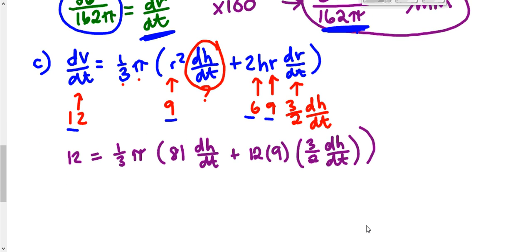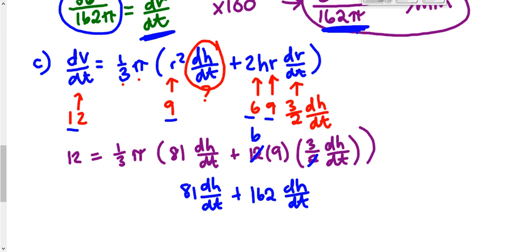So let's simplify that. 12 divided by 2, we'll have 6. So we really just have 6 times 9 times 3, which is 162 dH dt, plus we have 81 dH dt.